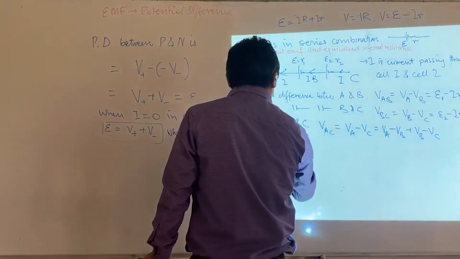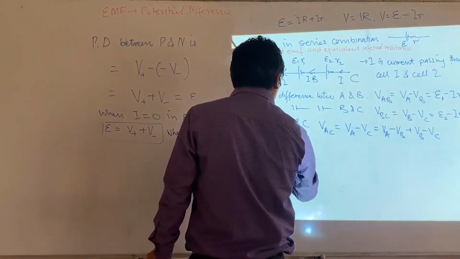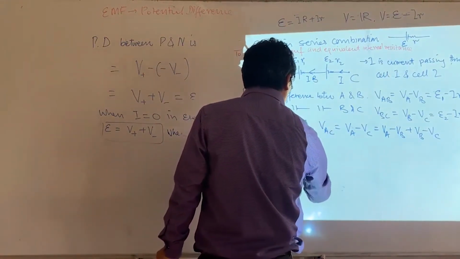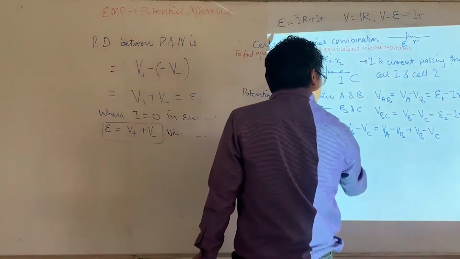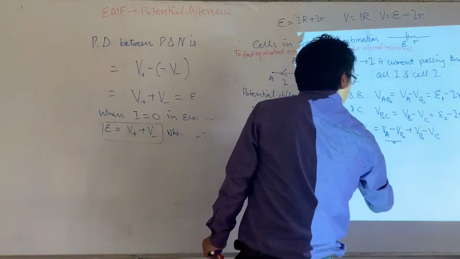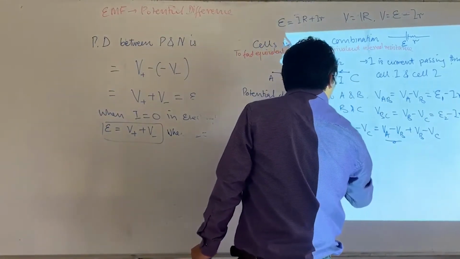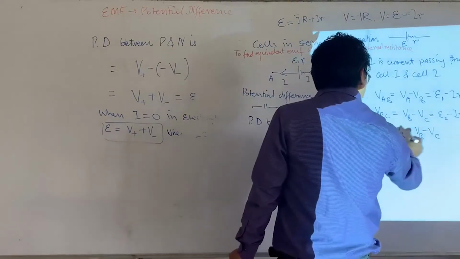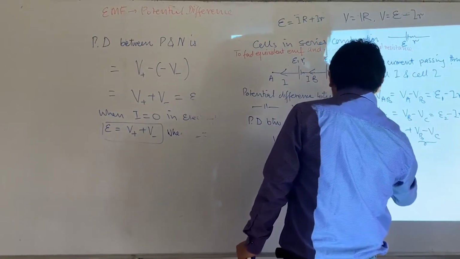Now the potential difference between A and C, V, is equal to EMF 1 minus Ir1 plus EMF 2 minus Ir2.